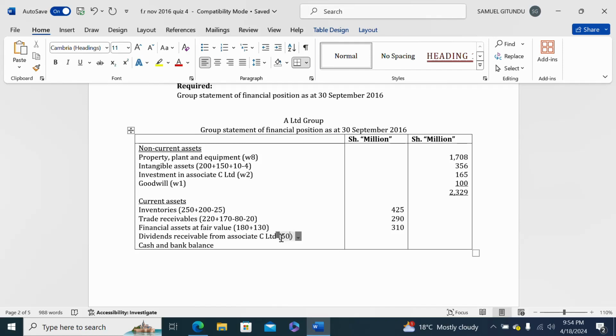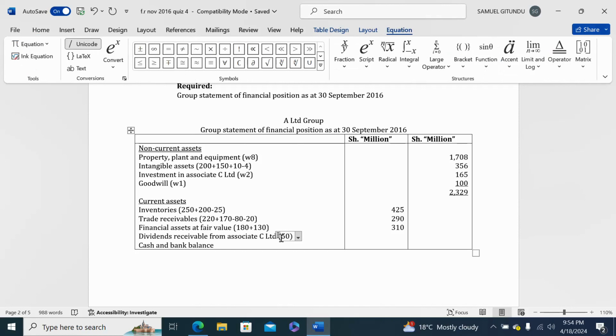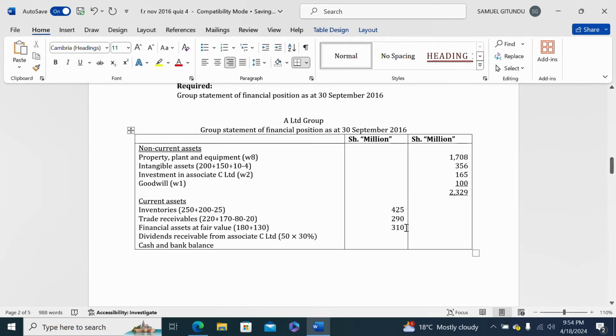So we multiply by 30%, which gives us 15 million.